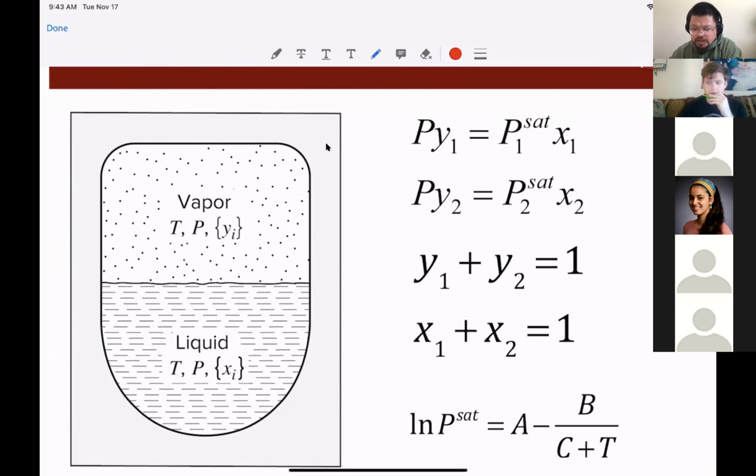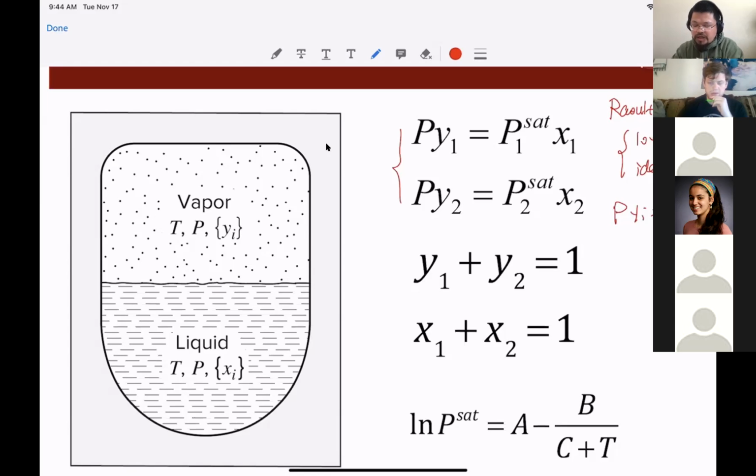So, like we discussed last time, if we think about the equations we are going to have for the Raoult's rule, where we have low pressure and the ideal solution, this would be the simplified equation. So we have y_i P is P_i sat x_i.